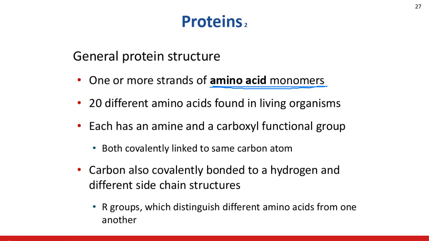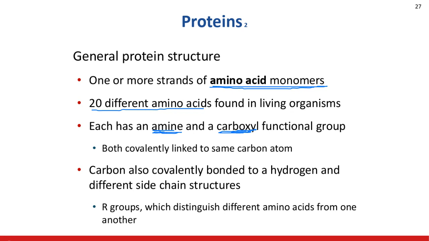There are 20 different amino acids found in us as living organisms. On one end of each amino acid you have an amine group, which functions kind of like a base, and at the other end is the carboxyl group, which is like the acid portion.